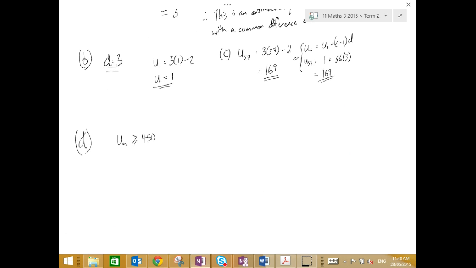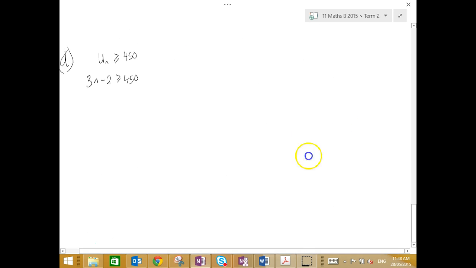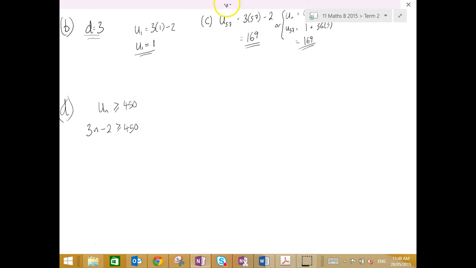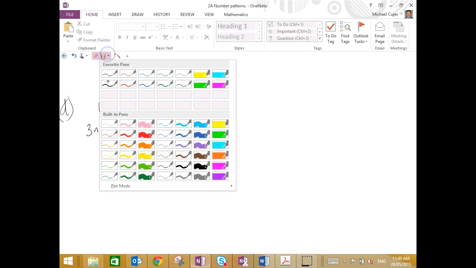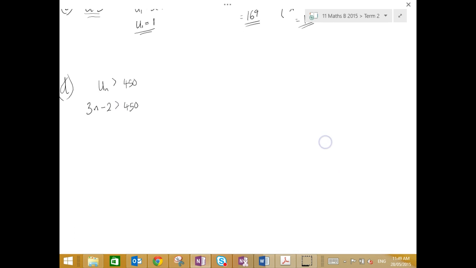So I've got my expression for un. un is 3 times n minus 2. And I want to know when is it greater than 450. I think I should actually be doing greater than, not greater than or equal to there, seeing as that's what the question actually says. Now that I've actually read the question more carefully, 450 isn't greater than 450, but we don't need to worry about it because 450 won't work.